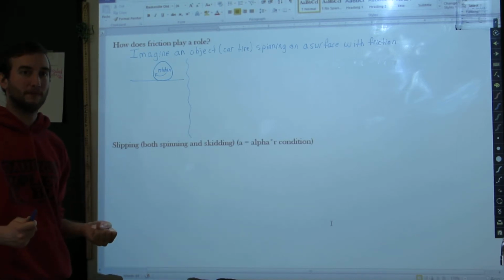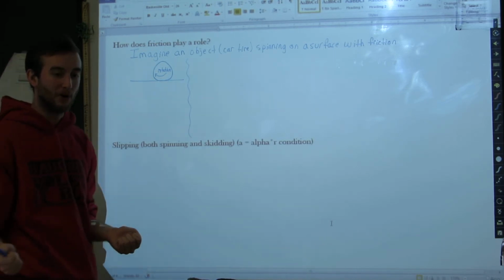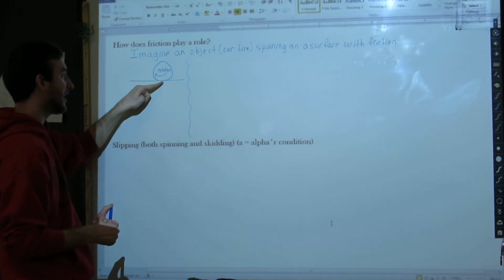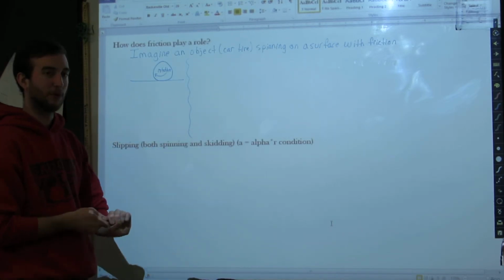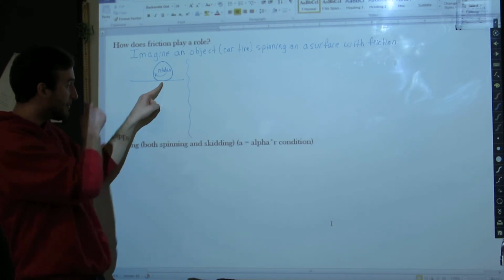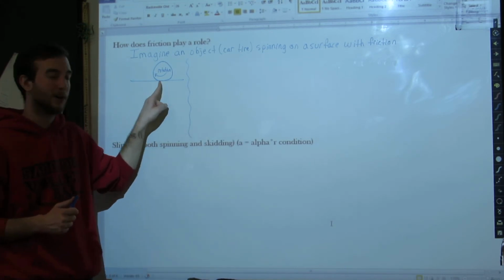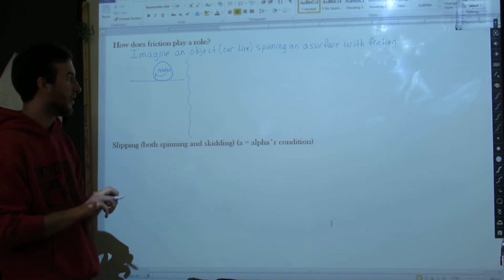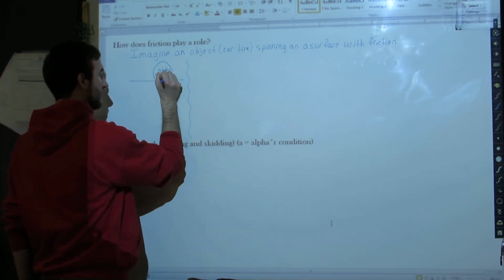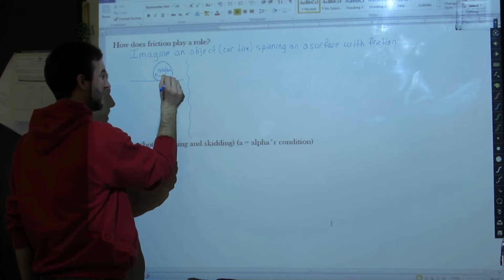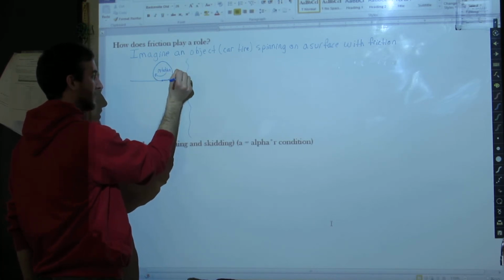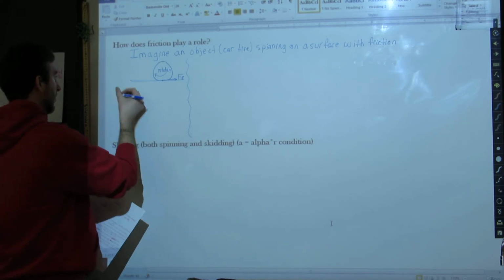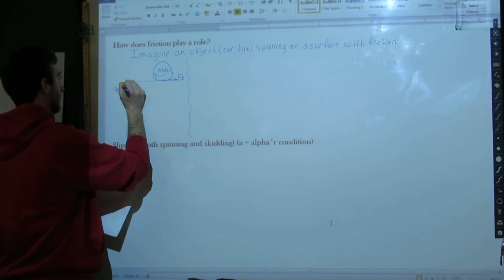Well, there is friction. Friction tends to oppose the local motion, the motion in that particular area. If the little tiny piece of the tire in contact with the ground right here would move to the left in the absence of friction, then that means friction must, in this situation, act to the right. I just want to make a little note.